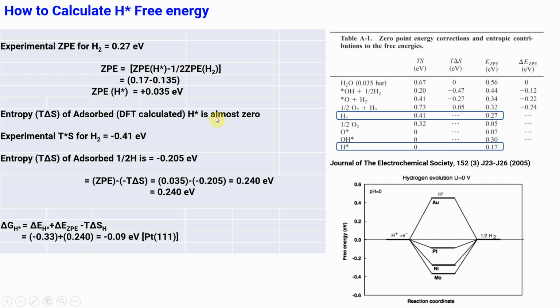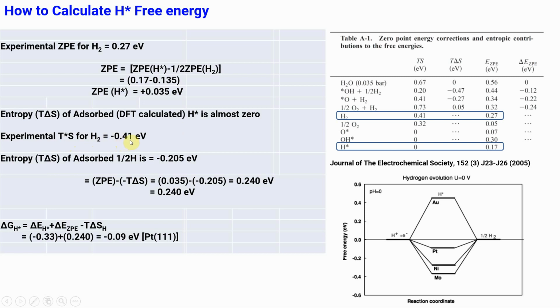Then the entropy of the adsorbed hydrogen atom is almost 0. If you calculate with DFT, you may not get it, or you will get 0.00 something, so almost 0. In that case, we have to consider the experimental entropy for calculation.